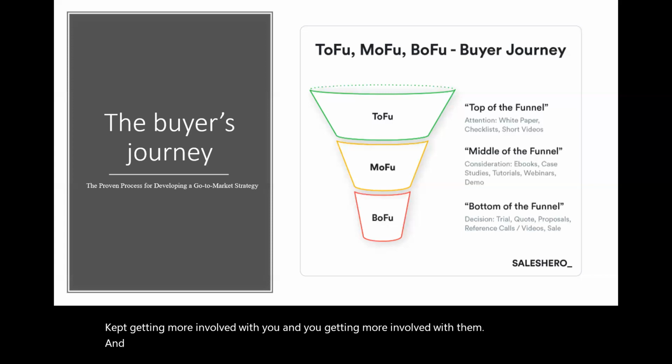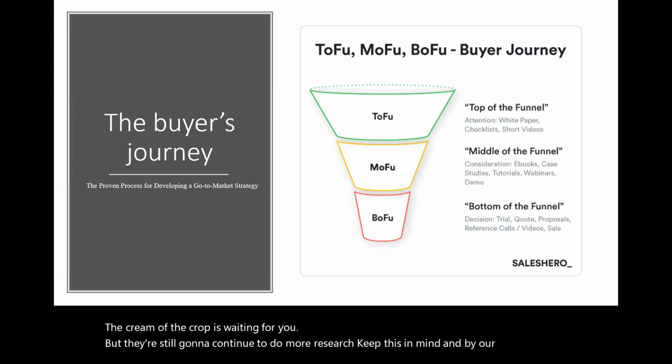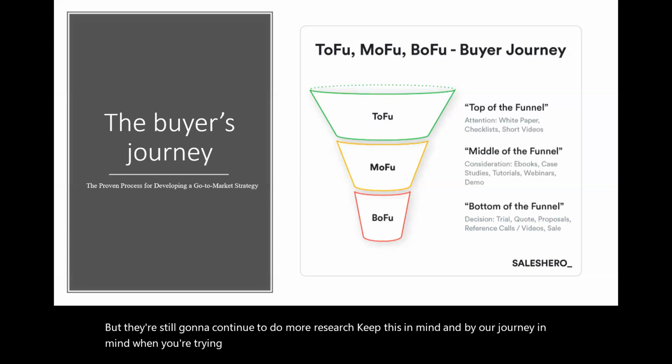And now the cream of the crop is waiting for you. But they're still going to continue to do more research. Keep the buyer journey in mind when you're trying to recruit new qualified business customers.